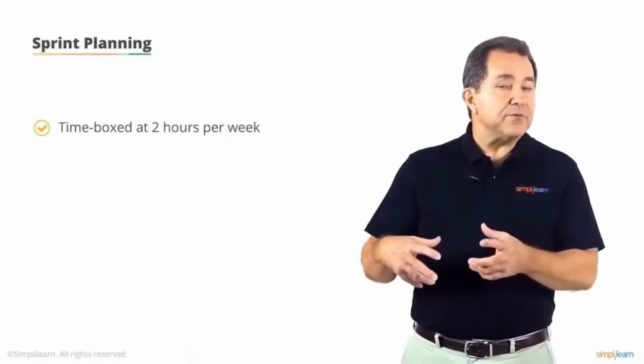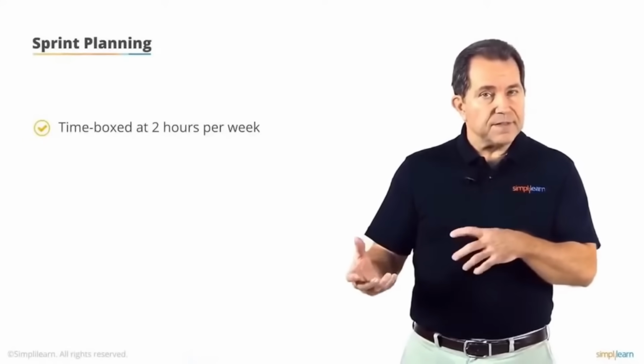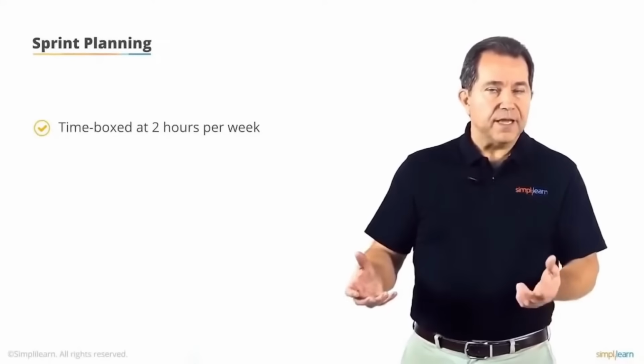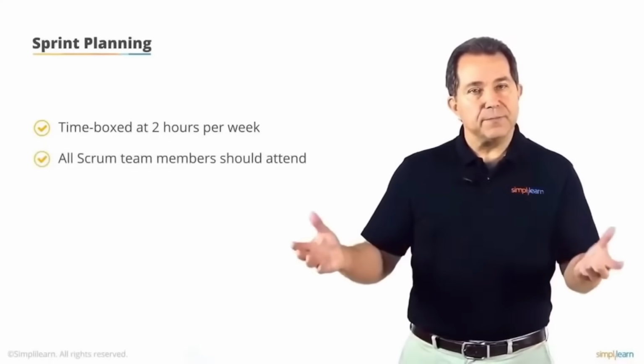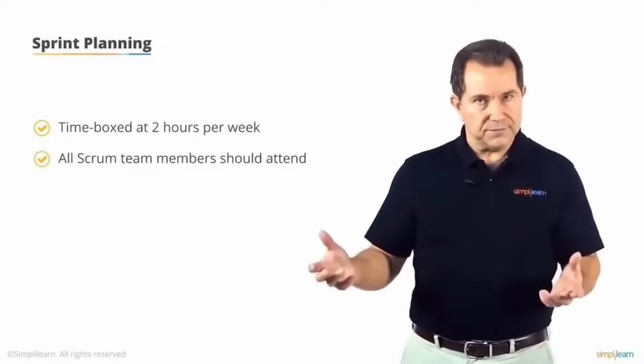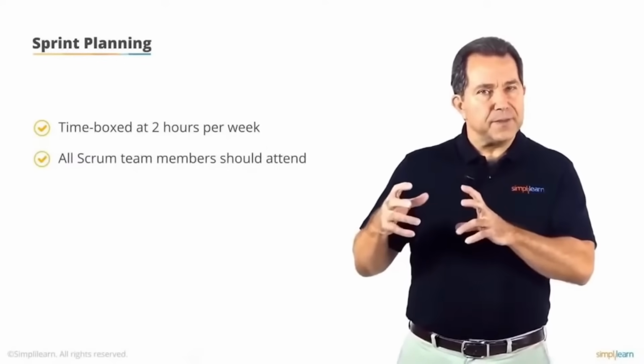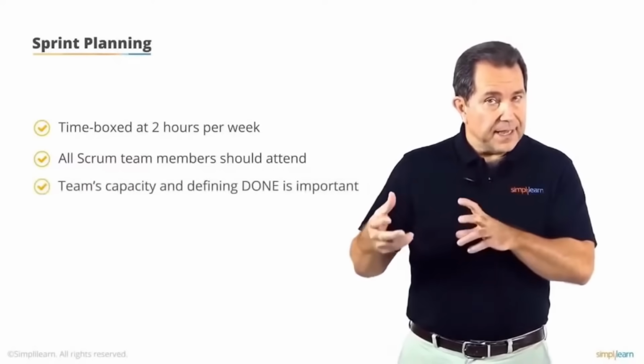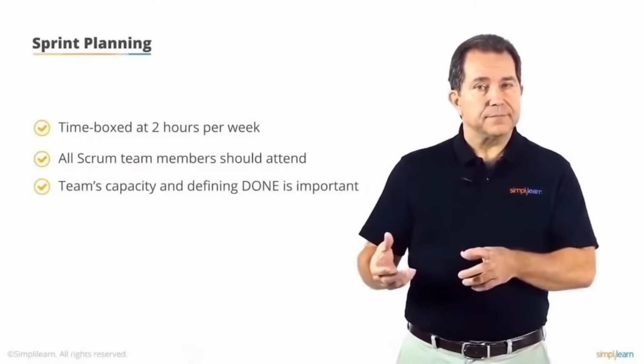If the sprint is going to be 4 weeks in duration, then the time box for the sprint planning meeting will be 8 hours. It should be attended by the complete Scrum team, including all roles. The most important aspects of this meeting are the team's capacity and the definition of done.